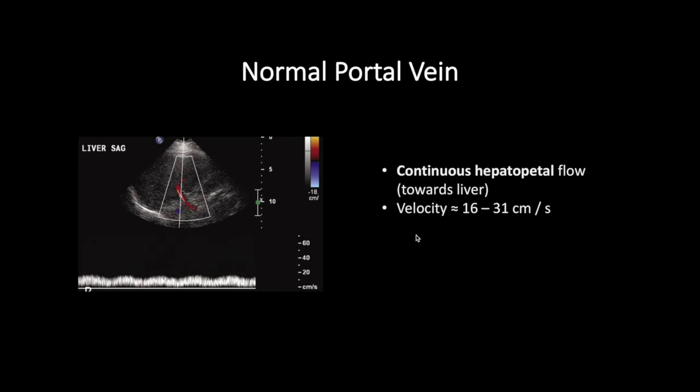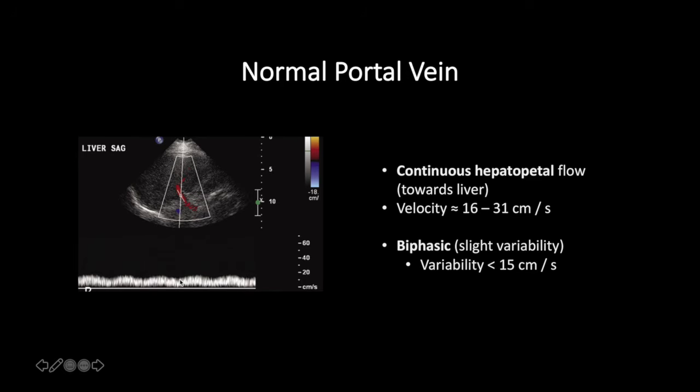Okay, the second thing we're seeing is that the velocity is about 15 to 30 centimeters per second. So it's relatively low velocity. It's also biphasic, okay, which means that there's slight variability. Okay, so it goes up, then slightly down, then slightly up, then slightly down. That's that biphasic nature.